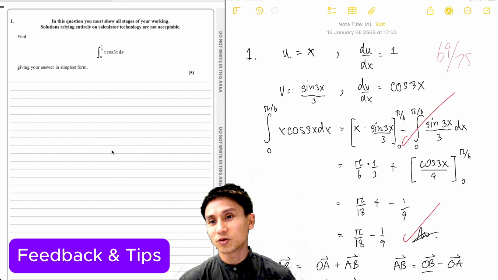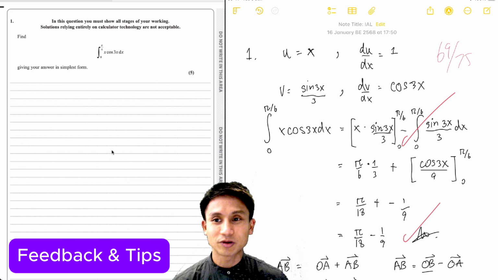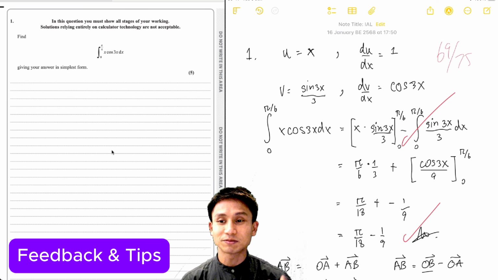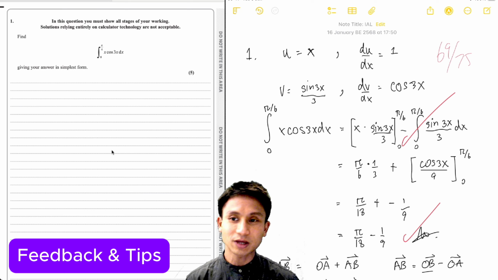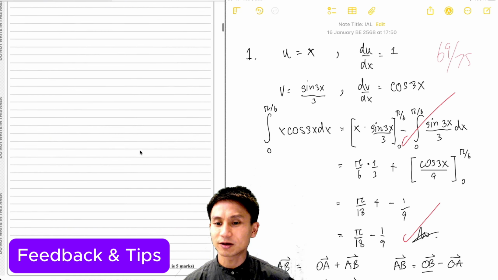That's how I go with integration by parts. I never have to remember any order of choosing. But sometimes, if you can't really figure out which one should be u or v, then maybe try other methods like substitution. All right? So that first question was fine.